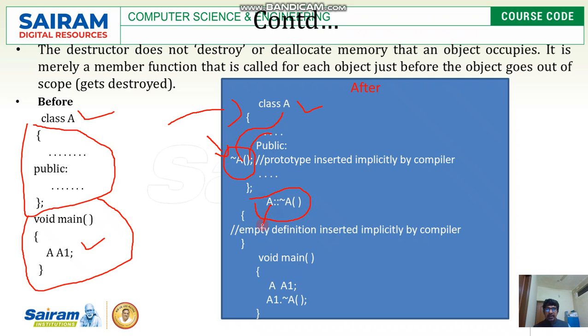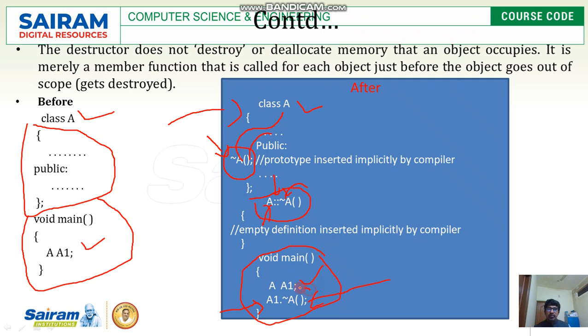So you have to give the class name, then the scope resolution operator, and this being a destructor, it has to be prefixed with the tilde operator. Next, you can write your void main, your main program, and if you want, you can write this explicitly. So when we write A1, this will be converted into this format.